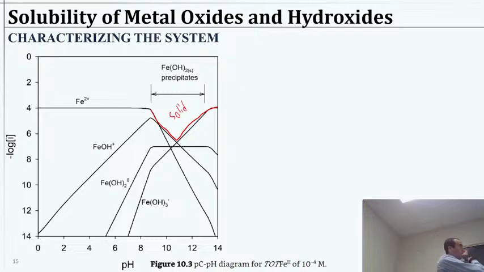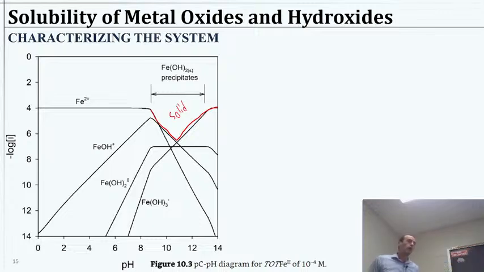So even though the total iron in solution would technically stay constant, the total would never be more than 10 to the minus 4th, and at some point we're going to have less total dissolved because the precipitates form.